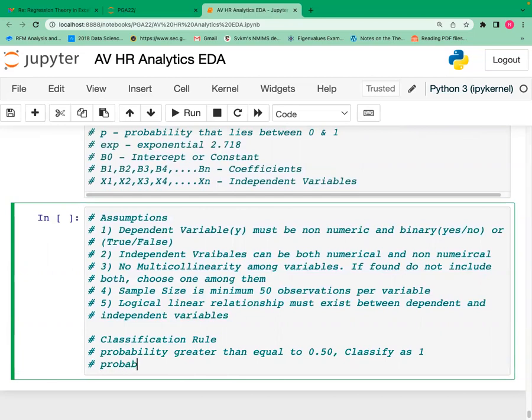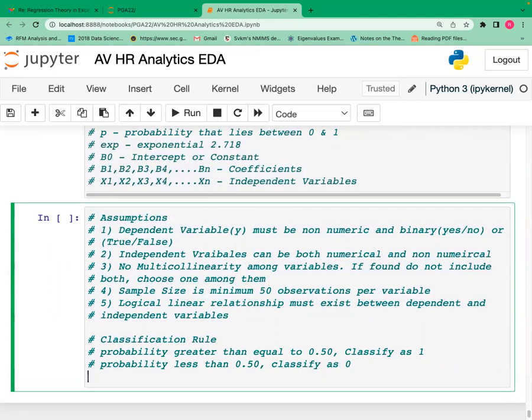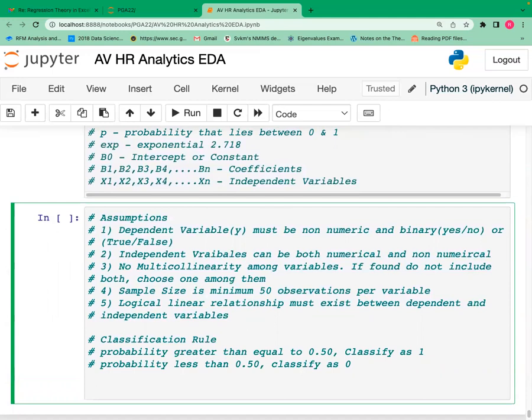Probability less than 0.50 is classified as 0. This is the classification rule which is implemented across classification algorithms.